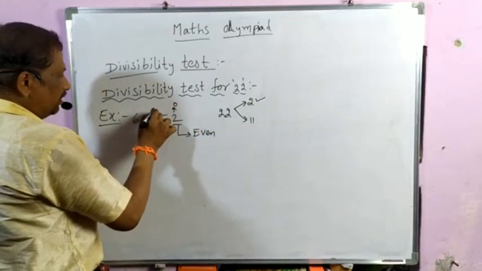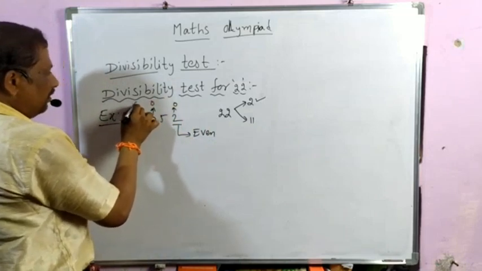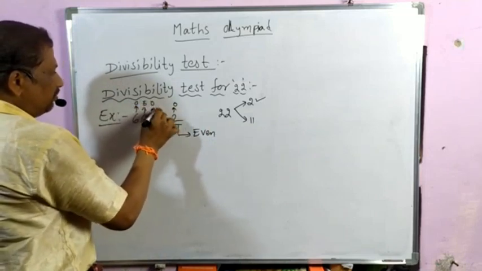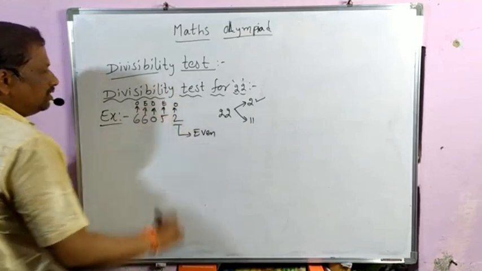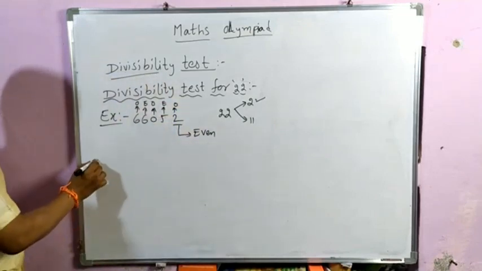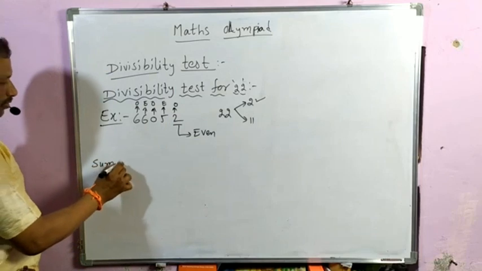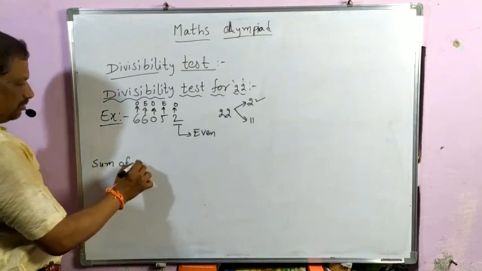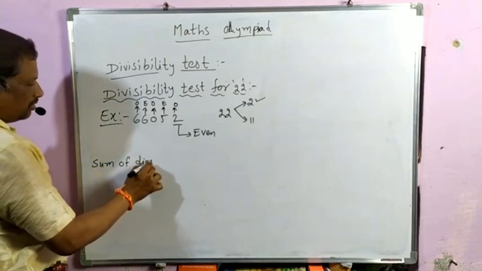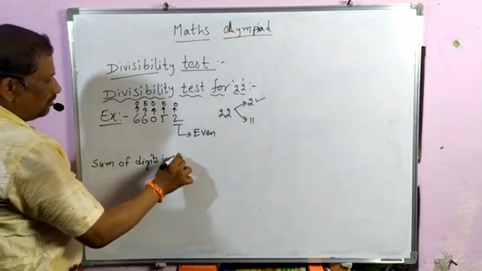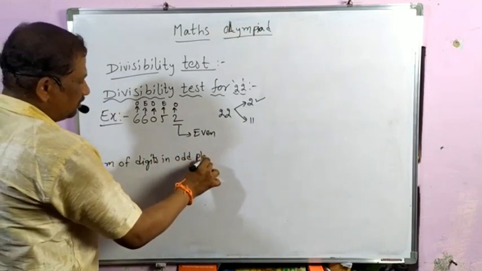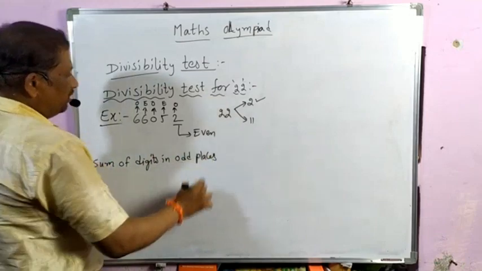Odd place digits and even place digits. Sum of the digits in odd places.